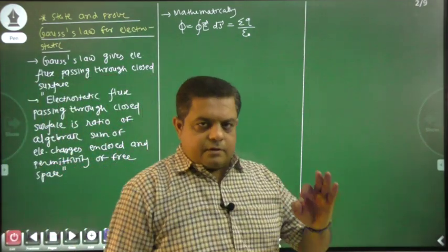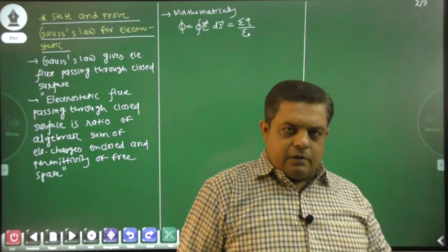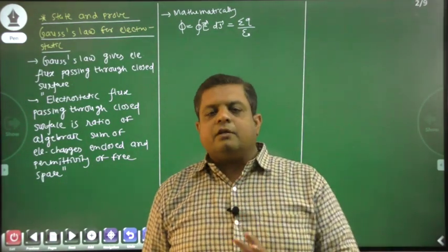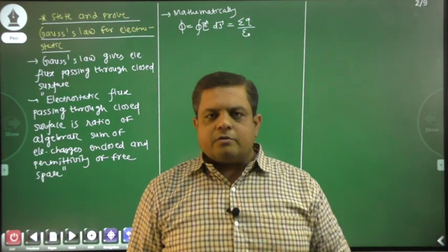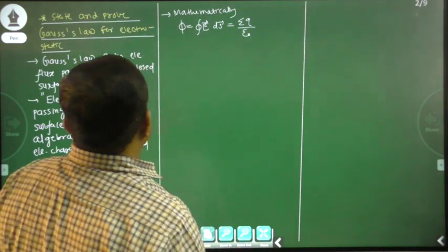Algebraic sum means sum with consideration of sign. Here in this algebraic sum you have to consider each charge with its sign. If it is positive, consider positive. If it is negative, consider negative. Okay.